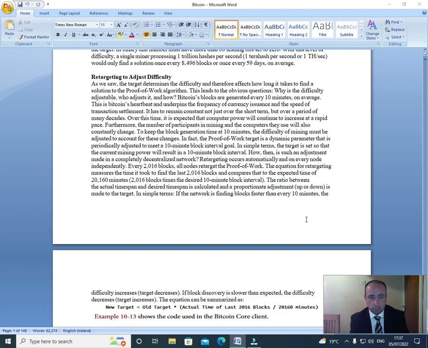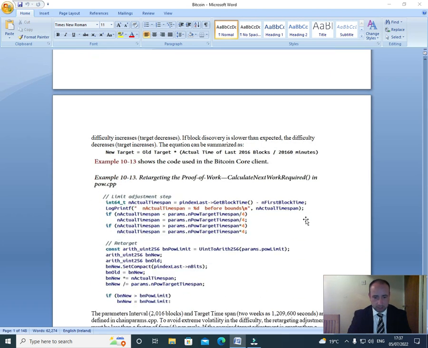The ratio between the actual time span and the desired time span is calculated, and a proportionate adjustment up or down is made to the target. In simple terms, if the network is finding blocks faster than every 10 minutes, the difficulty increases and the target decreases. If the block discovery is slower than expected, the difficulty decreases and the target increases.